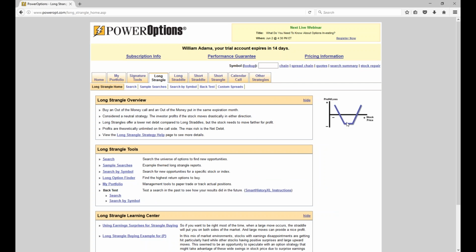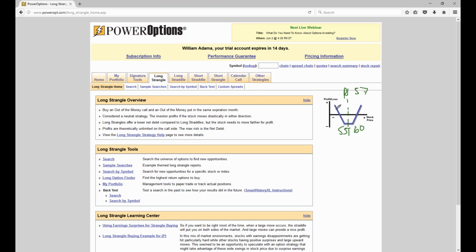So in a long strangle, when RH, for example, was at 57 in yesterday's trading, I'm going to buy an out-of-the-money call and an out-of-the-money put. I might have bought the 60 strike call and bought the 55 put.